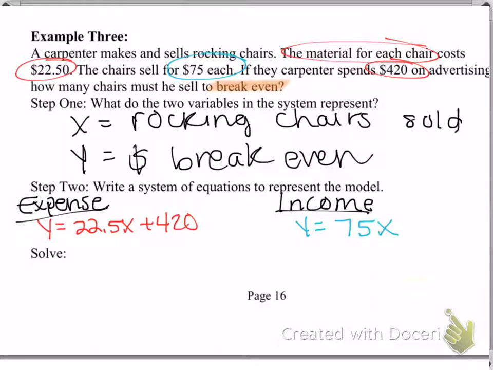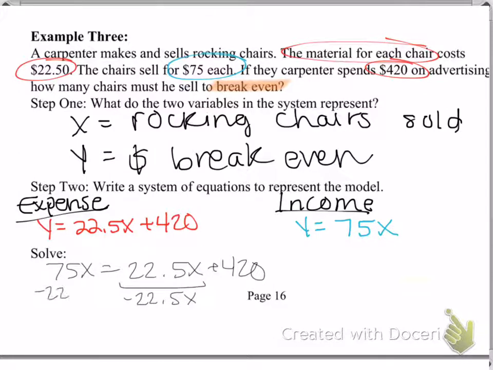Well, let's go ahead and solve it. Remember, they're both equal to each other. So we've got 75x equals 22.5x plus 420. Well, we got to move over this. So subtract 22.5x on both sides.